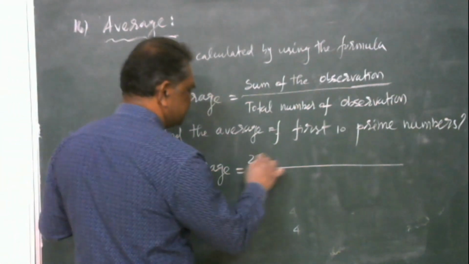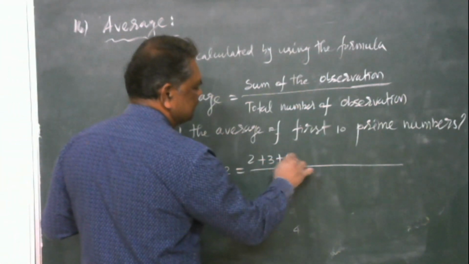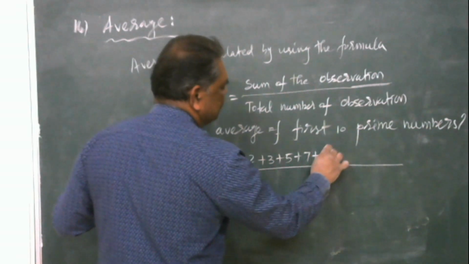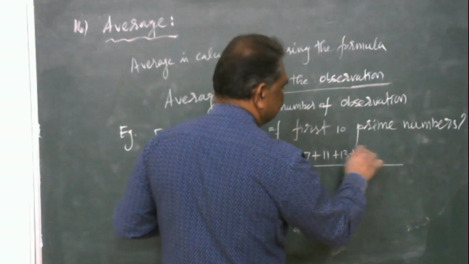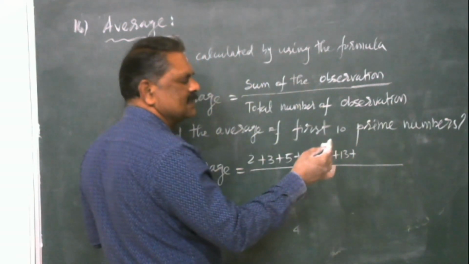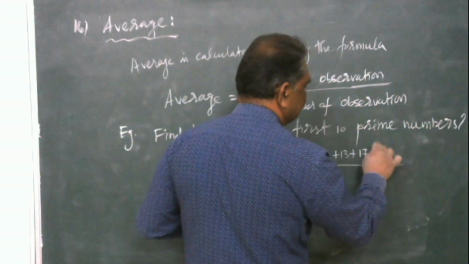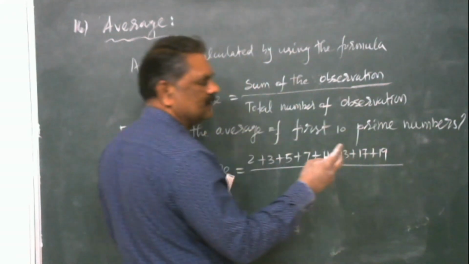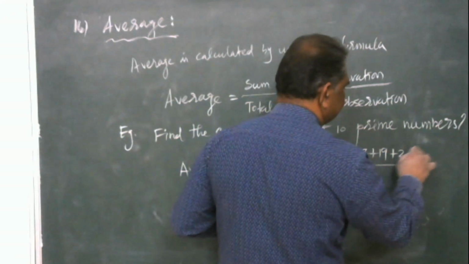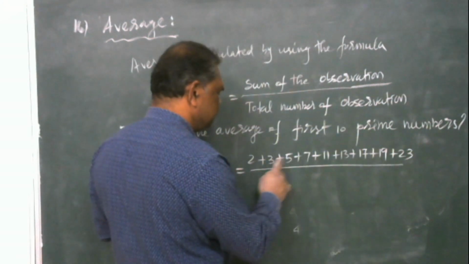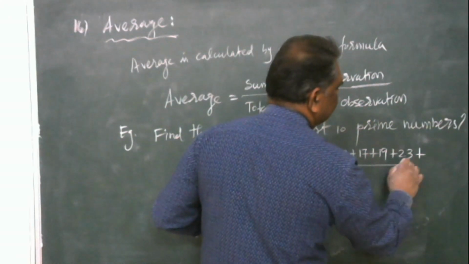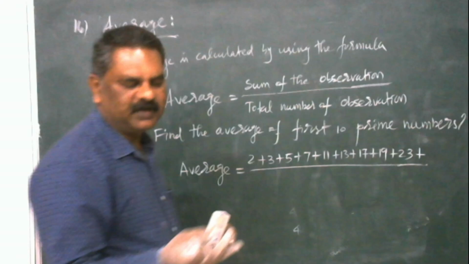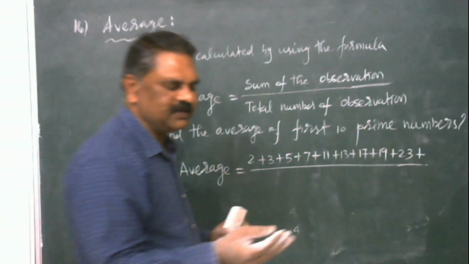The first prime number is 2, the next is 3, 5, 7, 11, 13, 17, then 19, then 23. How many? Let me count. 1, 2, 3, 4, 5, 6, 7, 8, 9. One more: 29.